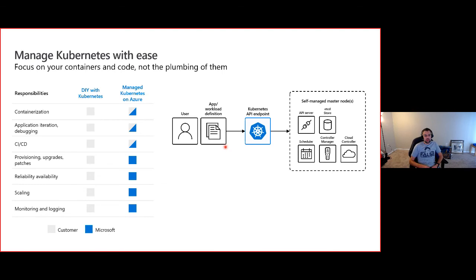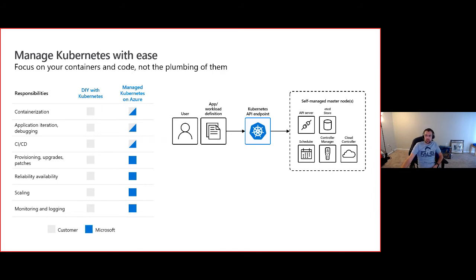And part of the things that you as a customer have to do when setting up your own Kubernetes cluster is you'll have to configure your master nodes, and you'll have to set up the API server, the etcd store, the scheduler, controller managers, ways to communicate with your cloud provider. And all of that is quite a bit of work to set up.